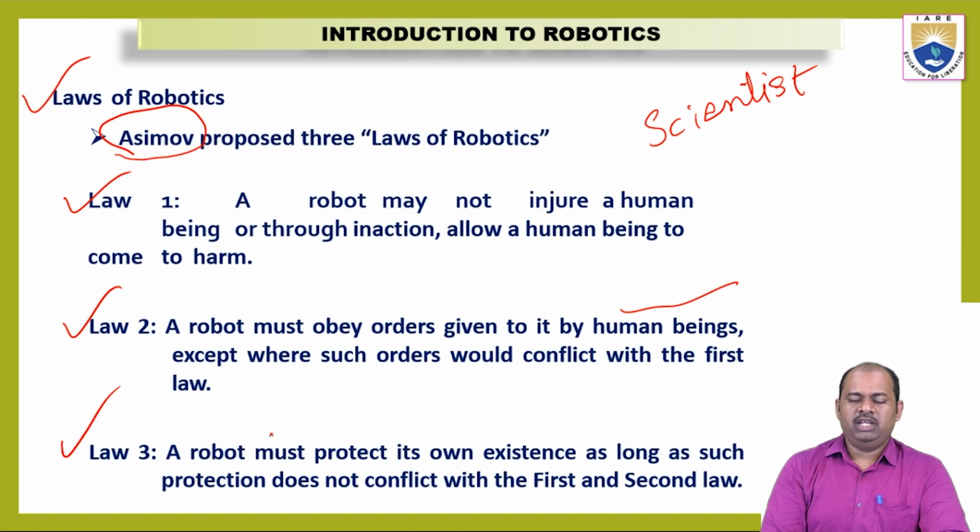Somehow, many robots nowadays are overcoming some of these laws because of their good functioning and advancement. These three laws are given in order to protect human beings from robots. Okay. Now we'll go to the next slide.